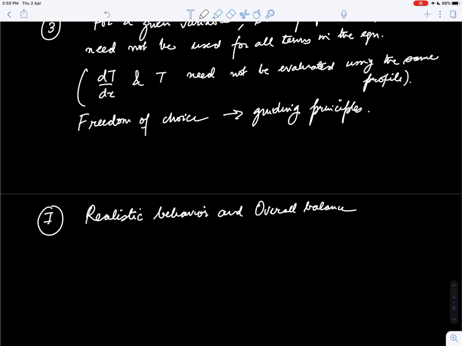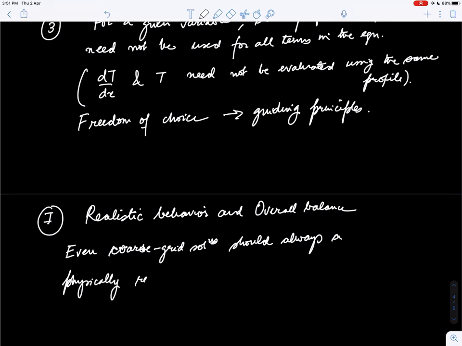What I mean by these aspects is that even when we solve the problem for very coarse grid solutions, we want them to give us physically realistic behavior and overall balance.